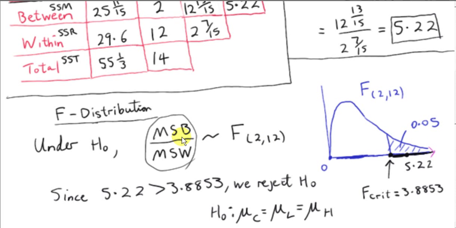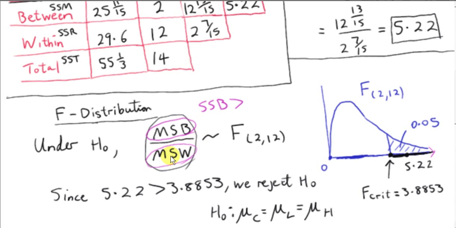So what makes an F value high? Well, if the numerator, which comes from sum of squares between, this is the variation between the groups, is greater than the variation within each group. Okay, if the numerator is greater than the denominator, well, ultimately this comes from sum of squares between.